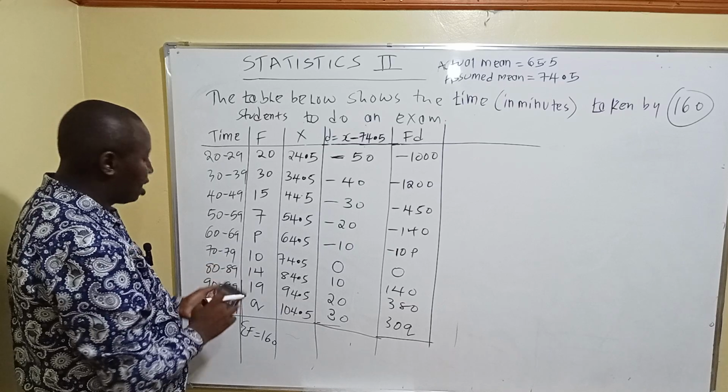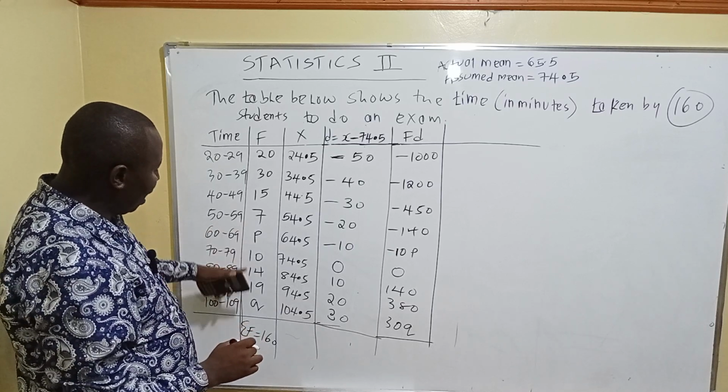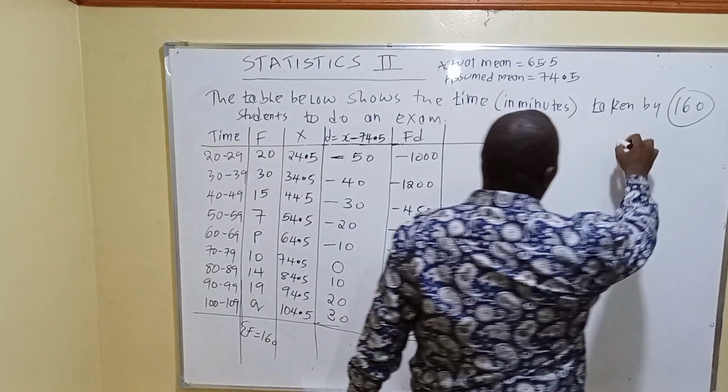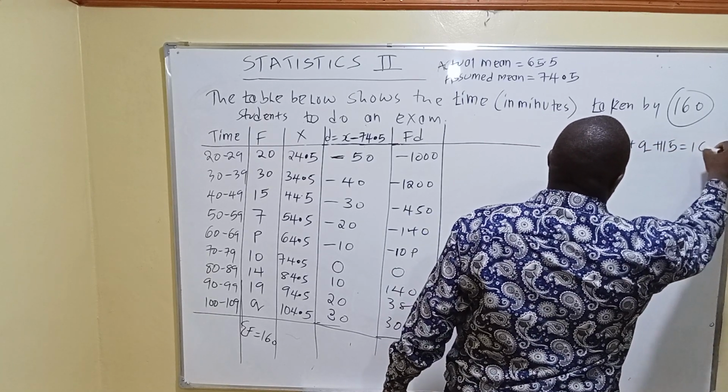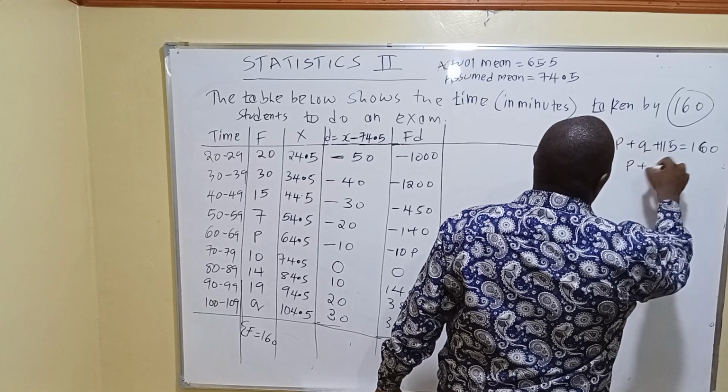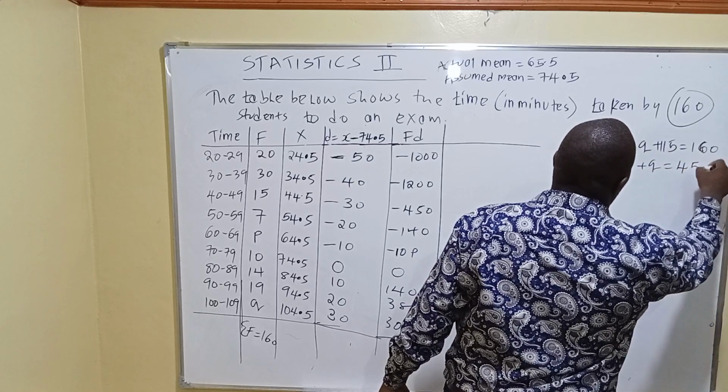You get that is 115. So P plus Q plus 115 equals 160. Therefore, P plus Q must equal 45.